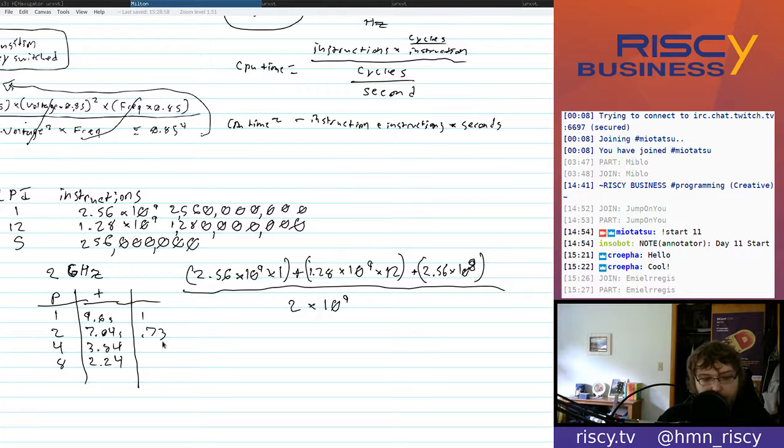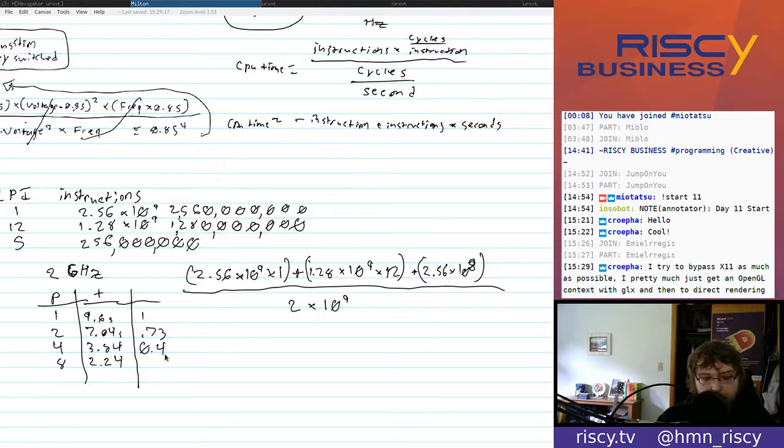And then 3.84 divided by 9.6 is 0.4. And 2.24 divided by 9.6 is 0.23.